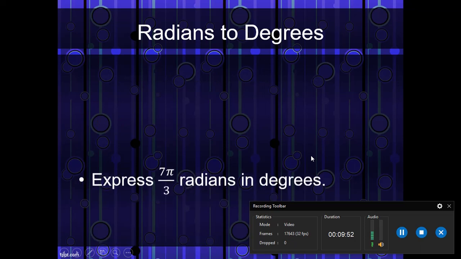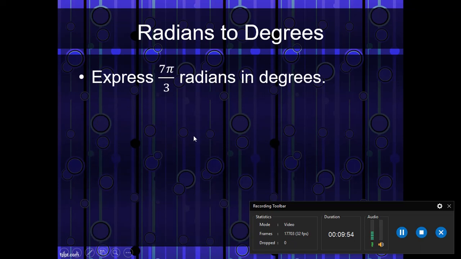Let's try that again in our next example. We're going to convert 7/3 pi radians into degrees. I do know that it should be greater than 180 because my fraction is improper. So let's set this up. We're multiplying our radian measure times 180 over pi. Again, the pi's will cancel.